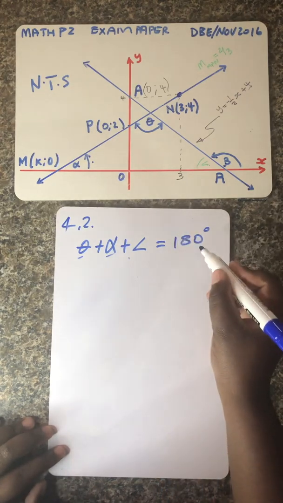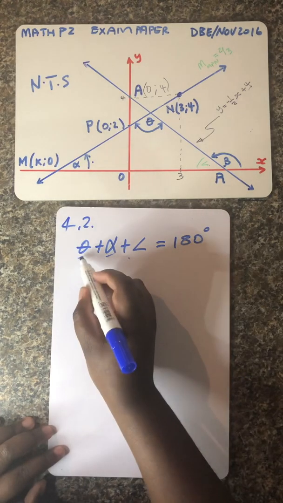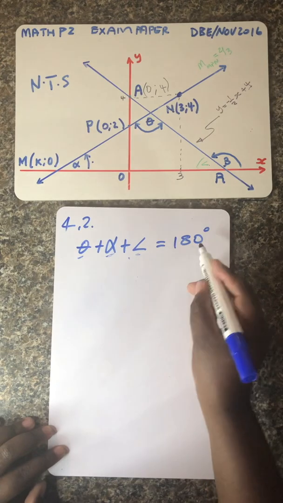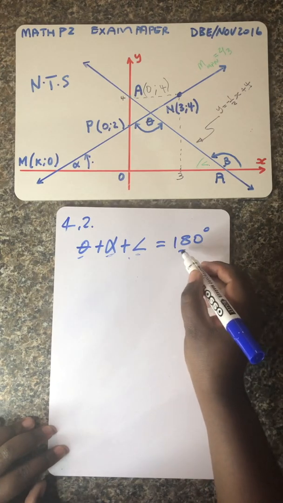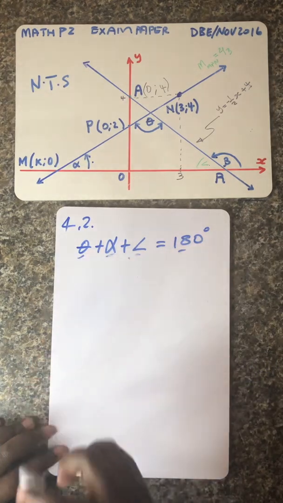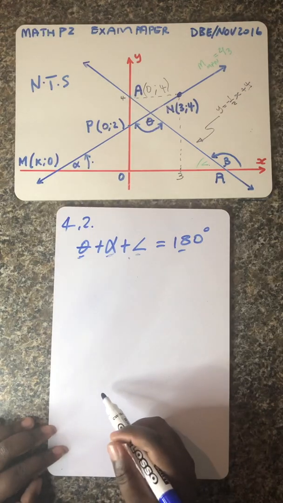Then from there, obviously not necessarily that angle, but this angle and that angle, we'll be able to subtract those angles from 180 degrees. Then we should be able to solve for that angle theta.